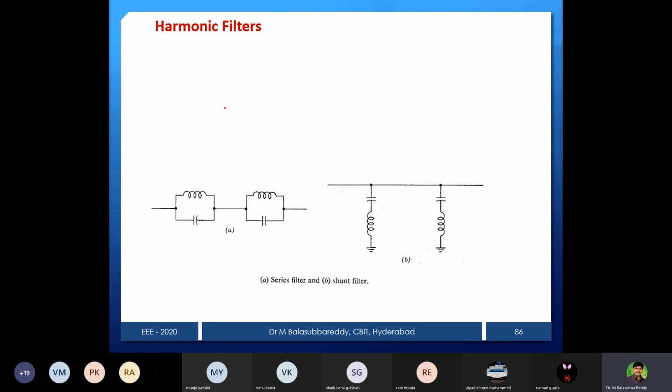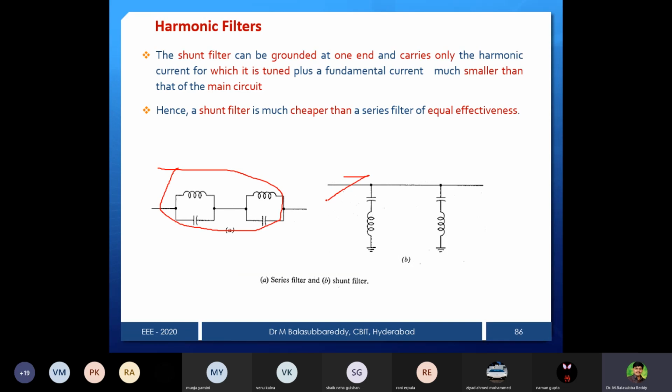You can observe that in the line it has to carry line current, whereas in the shunt filter not that much current is required. A shunt filter can be grounded at one end and carries only the harmonic current for which it is tuned, plus the fundamental current, which must be smaller than that of the main current.